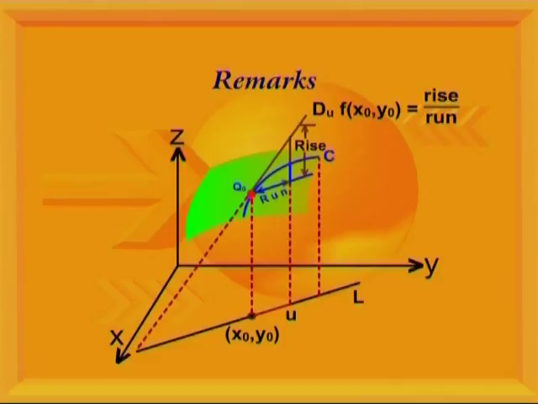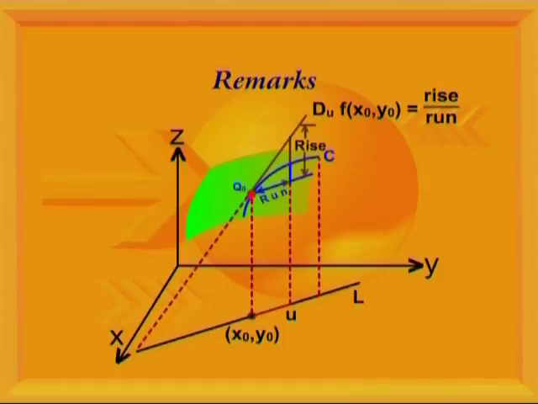But here we have any direction u in the xy plane, and this plane is meeting the surface in a curve. So the rate of change of our function along this curve will give us the directional derivative of this function at the point x naught, y naught.